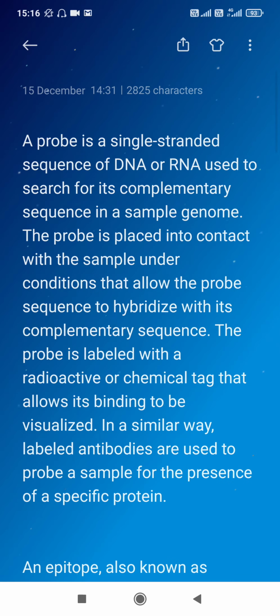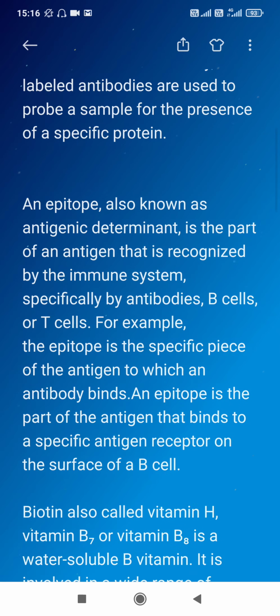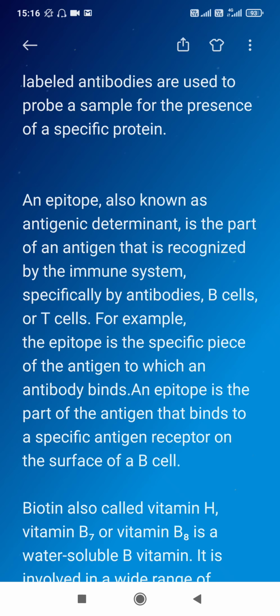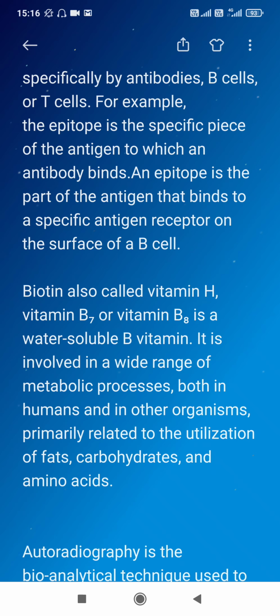We can go for epitope binding also. Epitope is actually your antigenic determinant. It is the part of an antigen that will be recognized by our immune system cells, specifically by antibodies produced by the B cells and also by the T cells. So an epitope can also be used as a tag to the probe. You can also go for biotin, as has been written in that internet source. Biotin is also called vitamin H or vitamin B7 or vitamin B8.